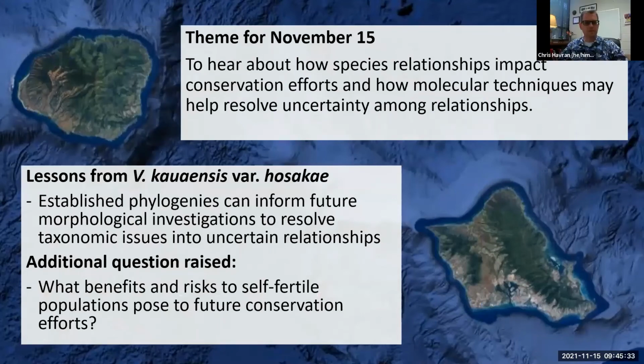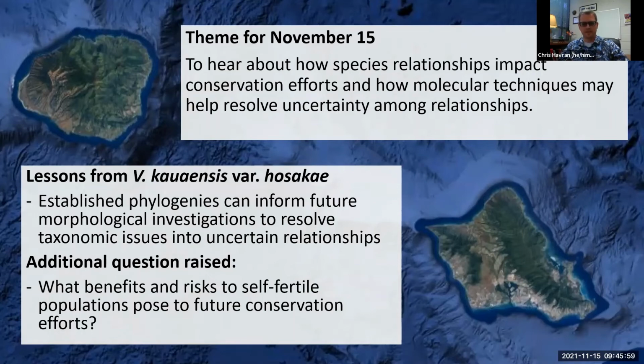Yeah, so we just wanted to reiterate how previously established phylogenies can inform these conservation efforts. They can provide a springboard to further morphological studies to help resolve uncertain relationships. One thing I wanted to bring up here is this population on Oahu, as far as we can tell, is self-fertile. It's cleistogamous. Susan, you've not seen any chasmogamous flowers.